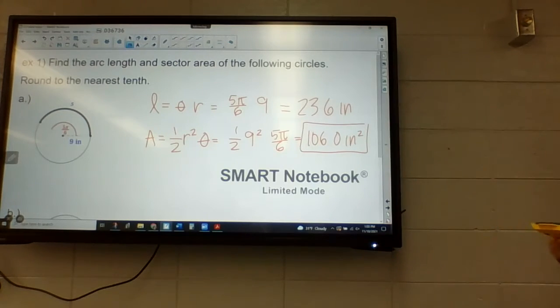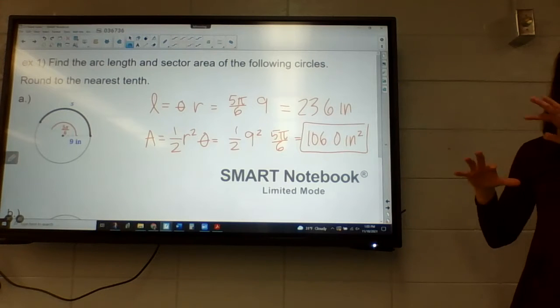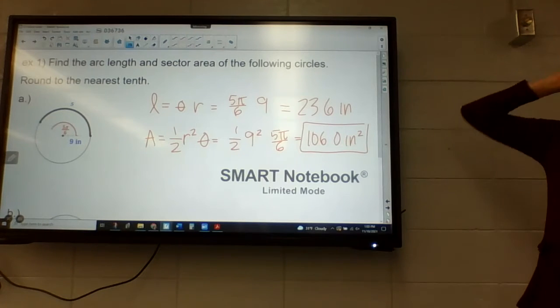What did you guys get as well? Alright. So area versus arc length, so careful for those.